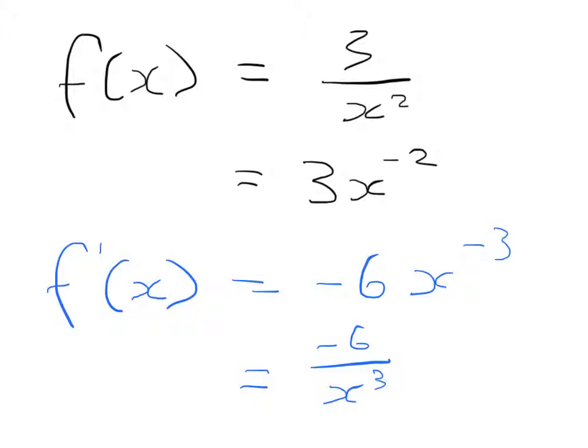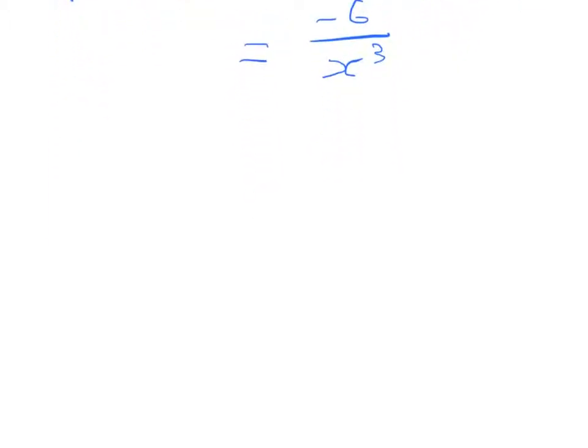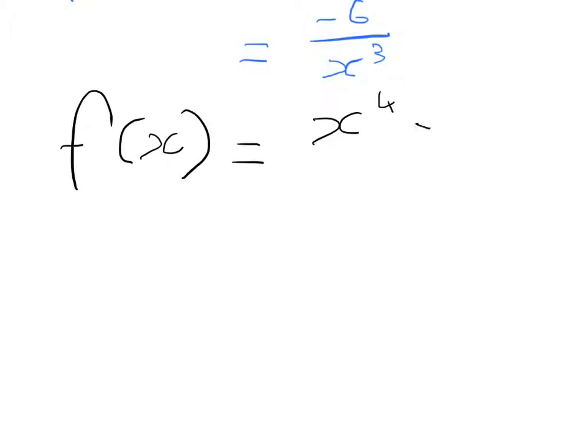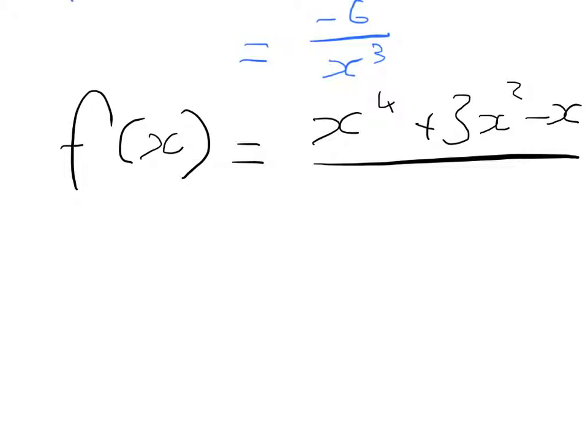Alright, the next skill that we're going to look at, the extension from that, is we get a question like this. F of x equals x to the 4 plus 3x squared minus x all over x to the power of 3. So we have to simplify that into the right format.